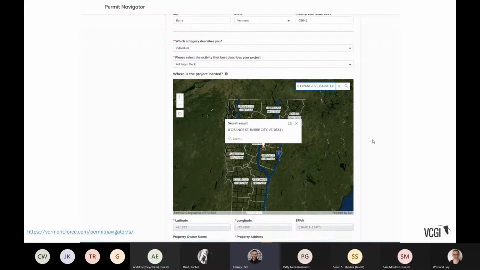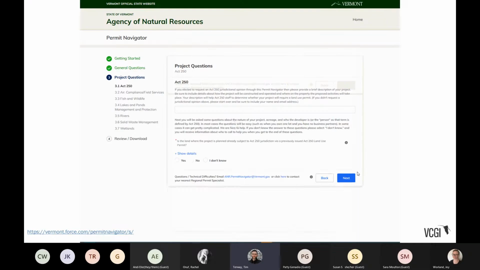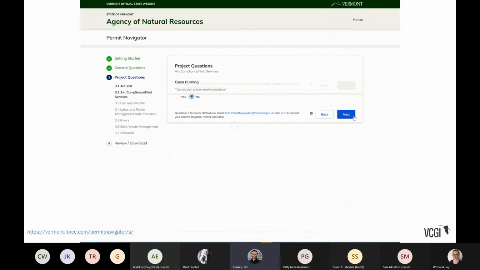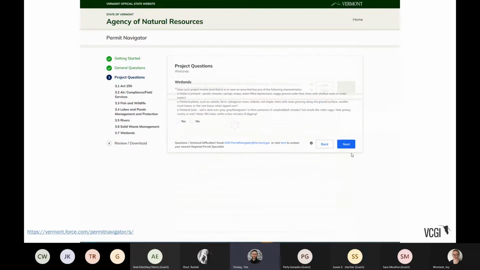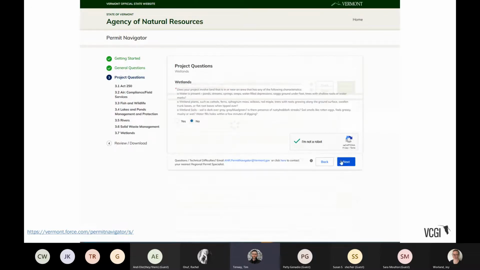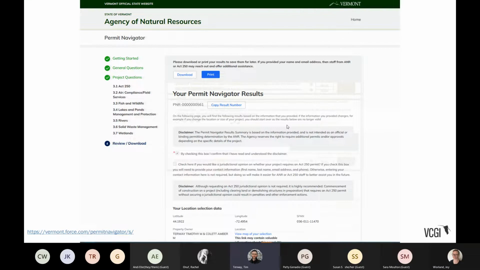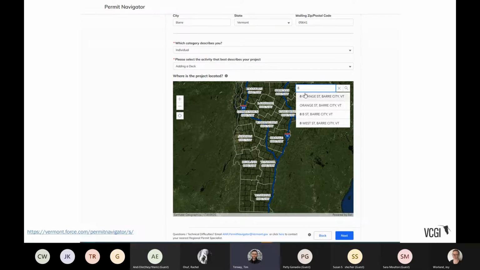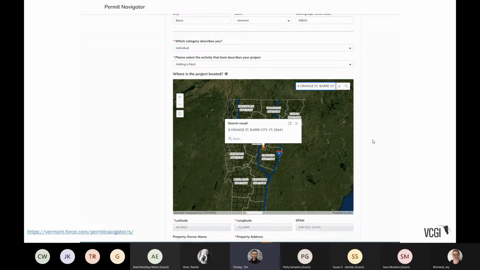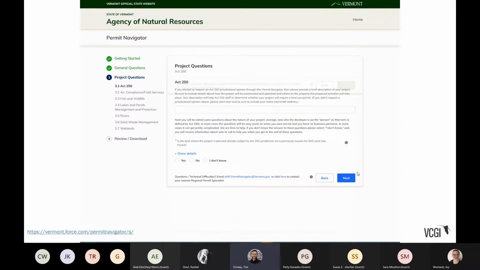So is there any relevant permits that apply? So I hit enter and it goes through Act 250, open burning. It's querying about the details of my project. And once I answer all the questions, it gives me back a quick answer, Permit Navigator results, yes or no, or with what qualifications a permit may apply, that you can then follow up on with your respective ANR staff person to understand the details of that permit.